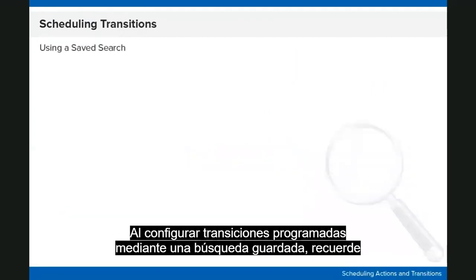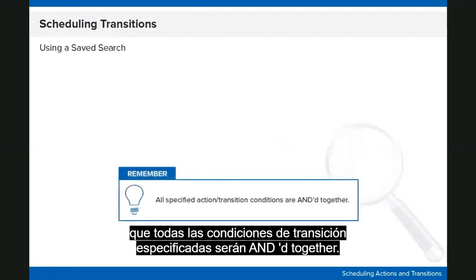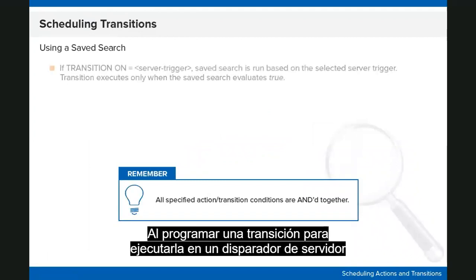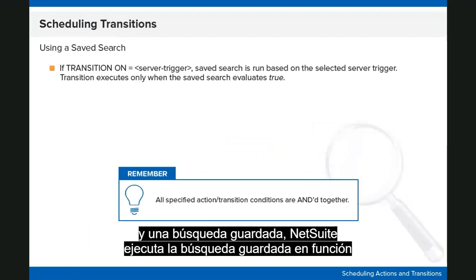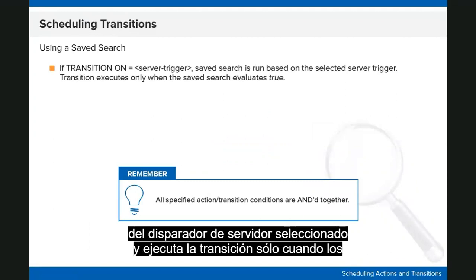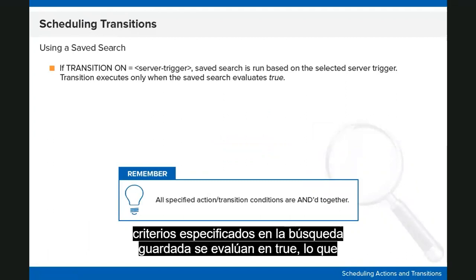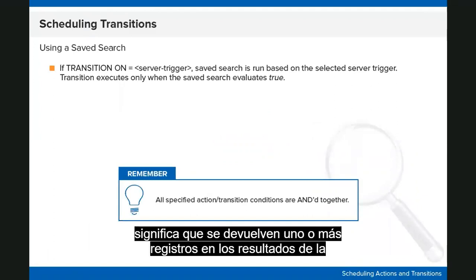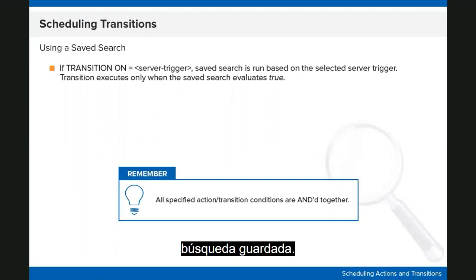When configuring scheduled transitions using a saved search, remember that all specified transition conditions will be ANDed together. When scheduling a transition to execute on a server trigger and a saved search, NetSuite runs the saved search based on the selected server trigger and executes the transition only when the criteria specified in the saved search evaluates to true, meaning one or more records are returned in the saved search results.